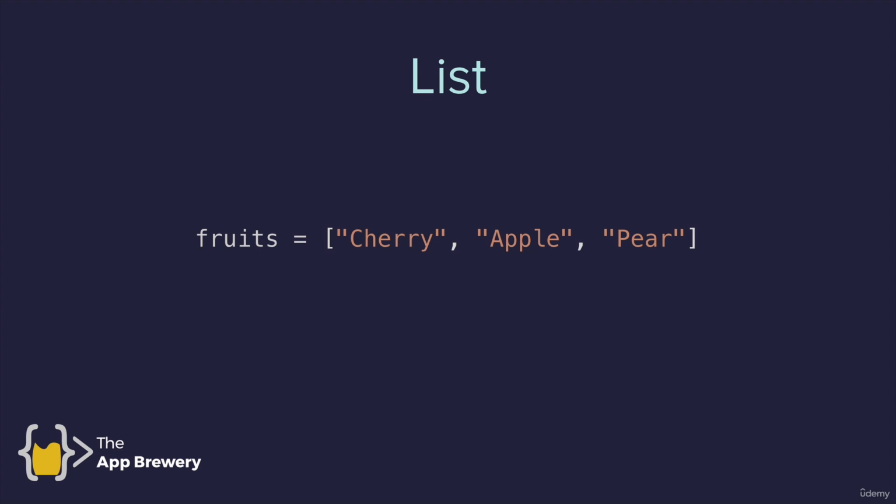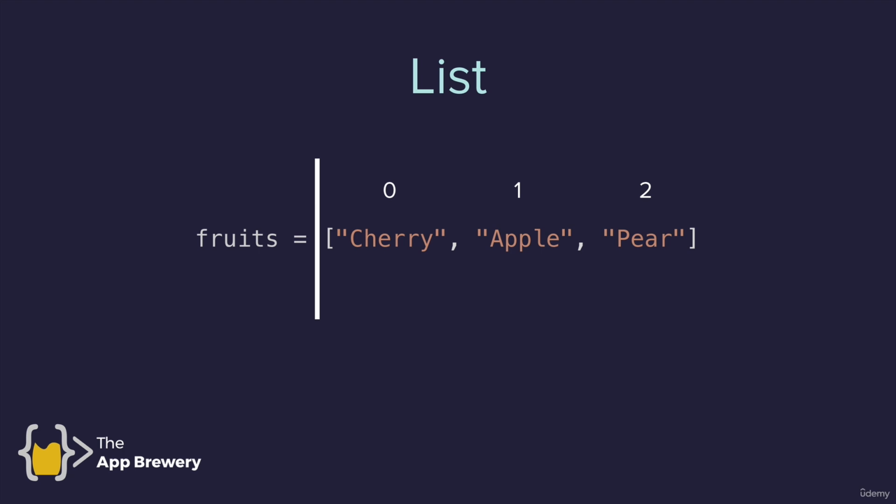And this idea might seem a little bit weird at first. Why is the first item at position 0? But think about that index number, that 0, 1, or 2, as not being the position, but actually being an offset or a shift from the start of the list.